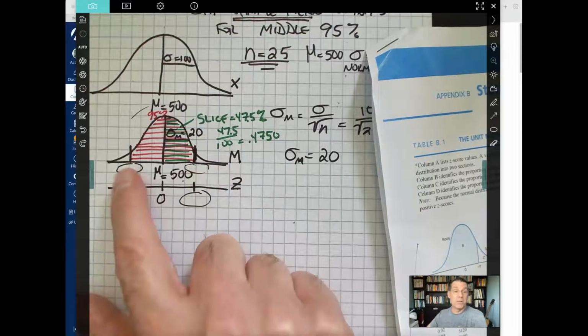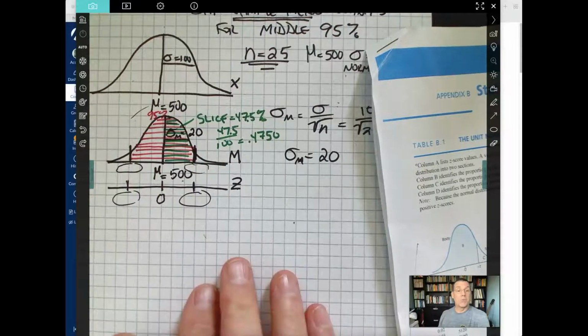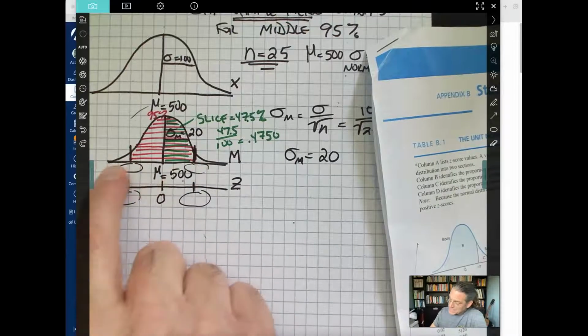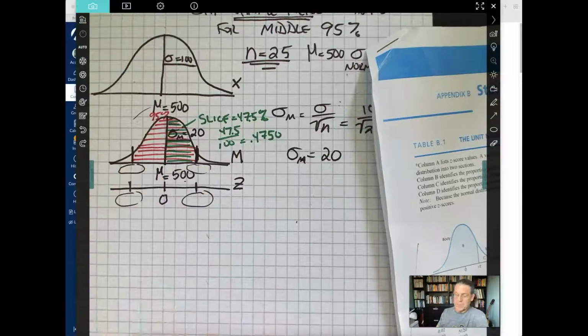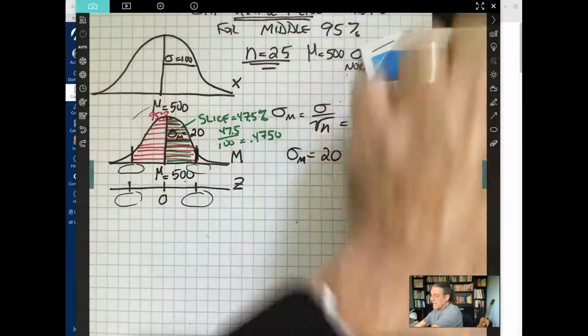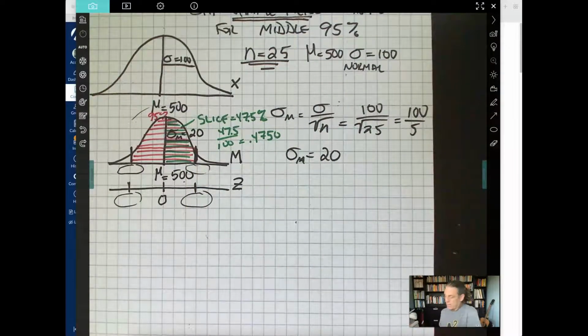Because there's 2.5% here, 2.5% there, that's 5%. Add that to the 95% and they're 100%. So that's how some people do it. Other people like to do this whole thing here and they just add the 2.5% here. So it would be a body of 97.5%, whatever works for you. But what I tend to find is that a lot of people kind of see that it's two slices. So that's what I'm going to do.